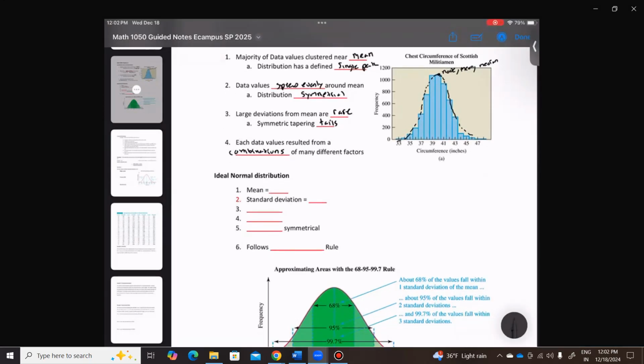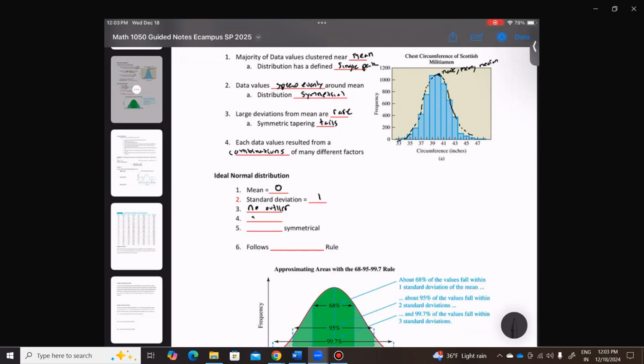The ideal normal distribution would be a mean of 0, standard deviation of 1, where the standard deviation is on the x-axis. You'll have no outliers. Okay. It's okay to have a couple in real data, but with the ideal normal distribution, you won't have any.